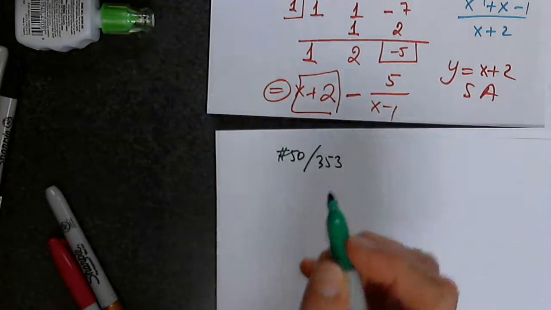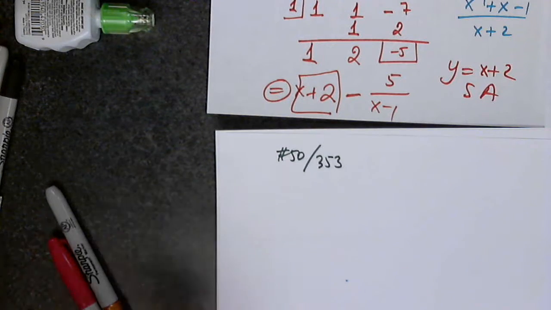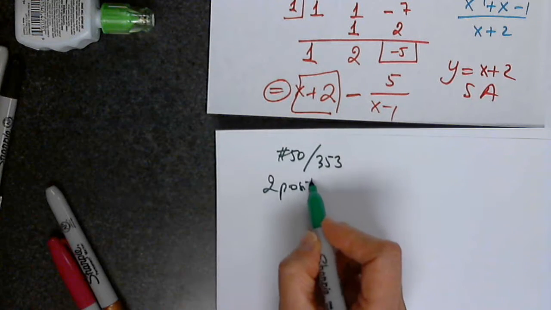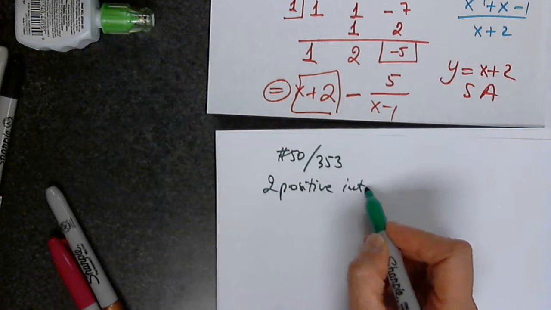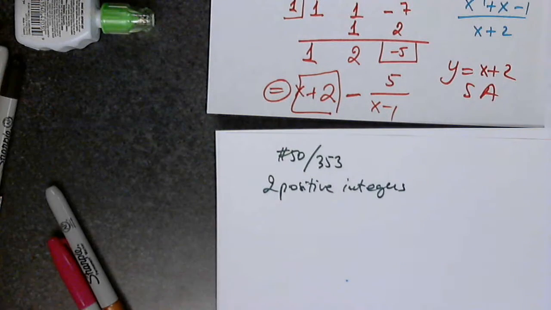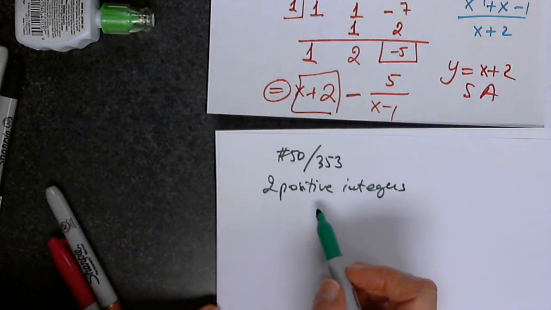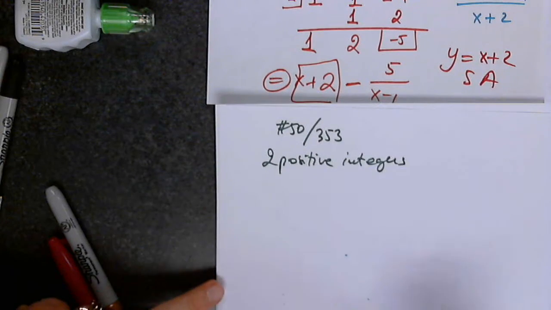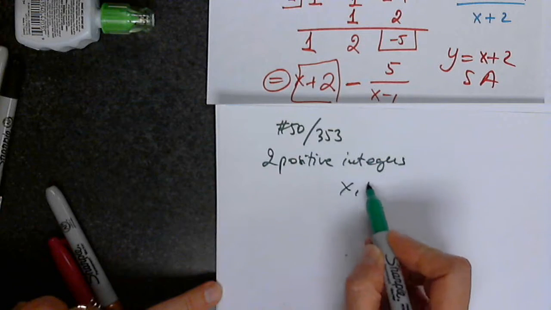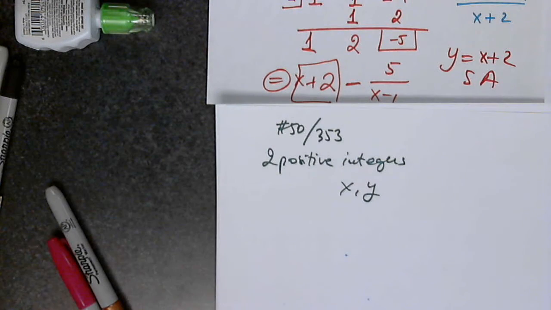On 353. Find two positive integers such that the sum of the first number and 4 times the second number is 1,000.